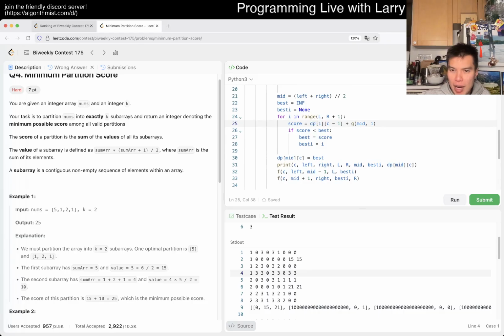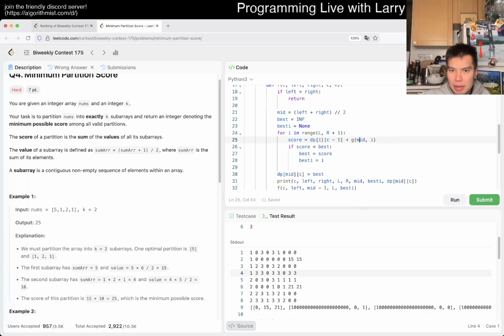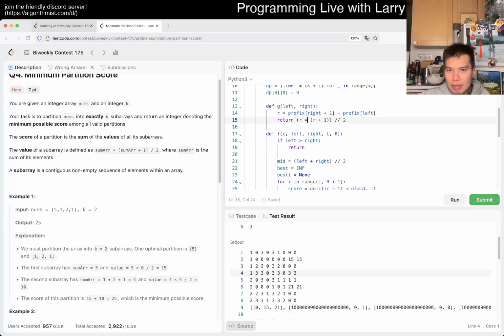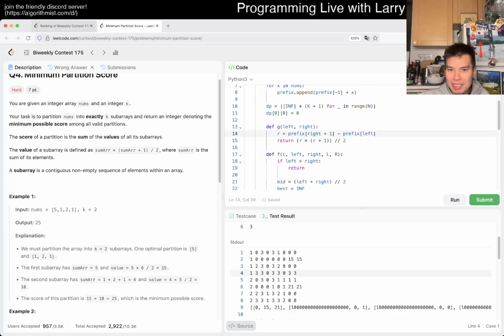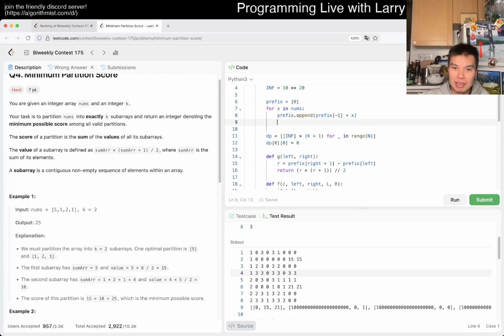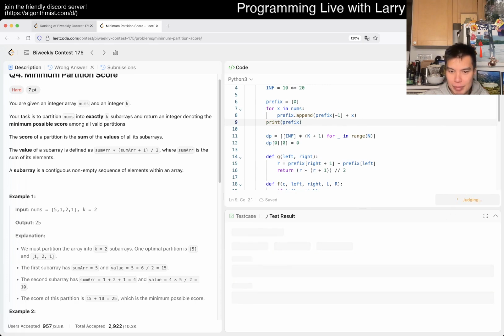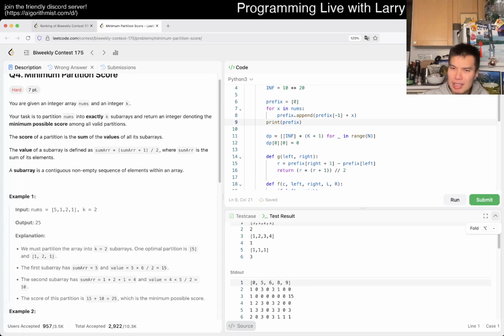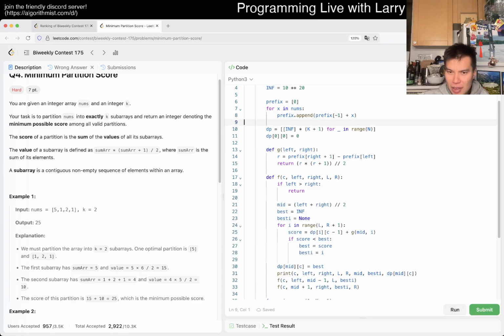This is from I, C minus 1, G of mid. Wait a minute. Is this wrong? Is my prefix sum wrong? That would be fun if all this time my prefix sum was wrong, and I'm just being a dumbo, which is not unsurprising. So I did it in the other direction. Did I do it in the other direction?